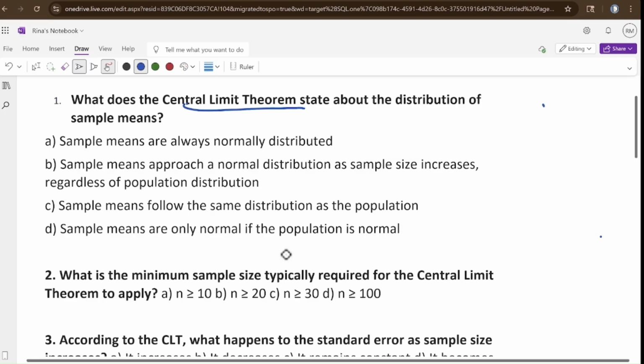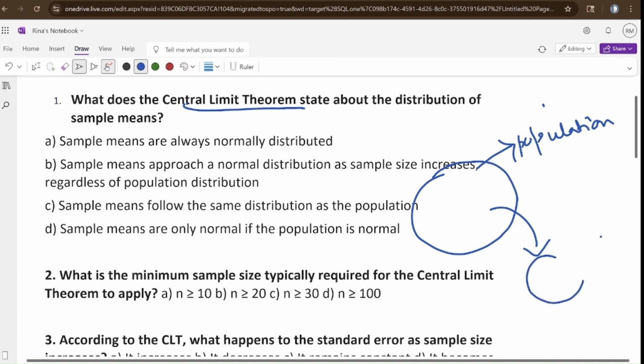That means whatever your population distribution is, let's say this is population and you don't know what is the distribution of this population. That means you don't know whether it is continuous, normal, discrete, uniform, Poisson, you don't know simply. But this theorem states that once you take a sample of large size, it will behave like a normal distribution.